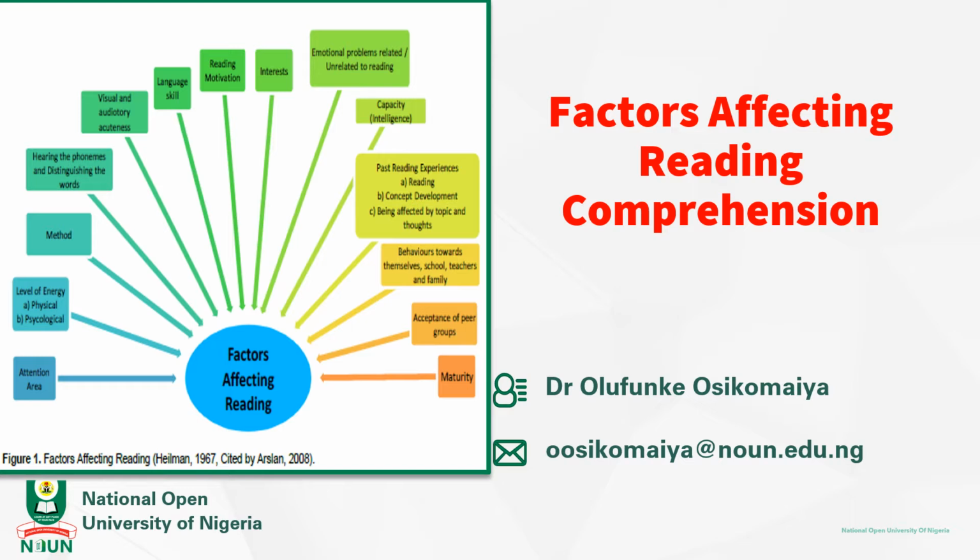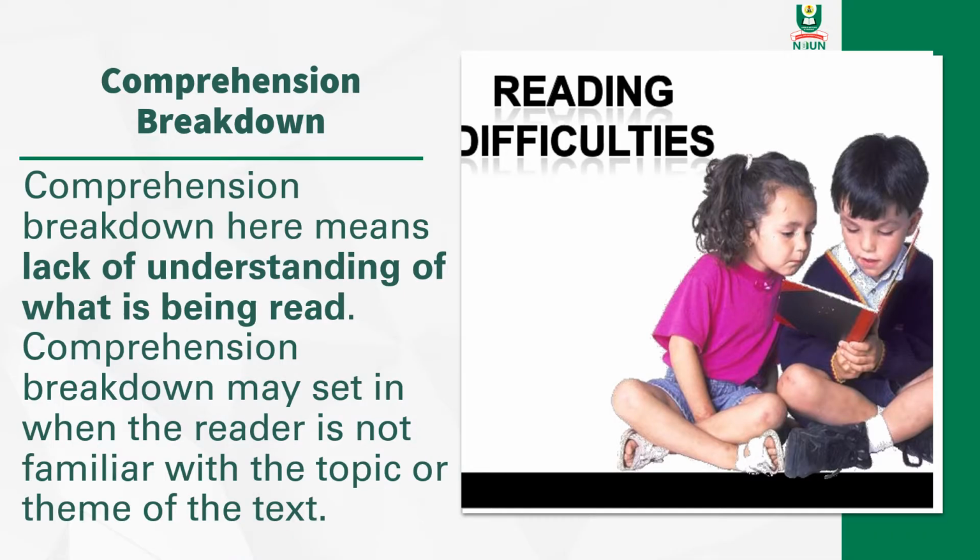But for this particular one, we want to look at comprehension breakdown. Comprehension breakdown may occur as a result of reading difficulties. So when a child is unable to decode what is being read, then there is going to be comprehension breakdown.